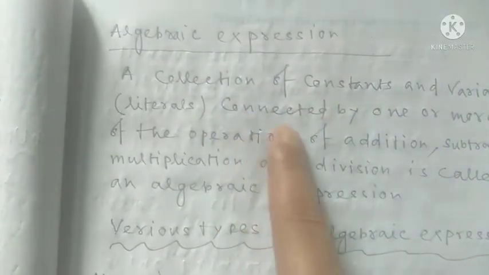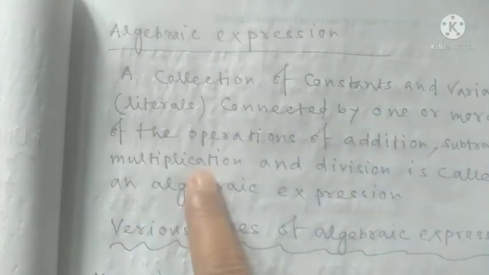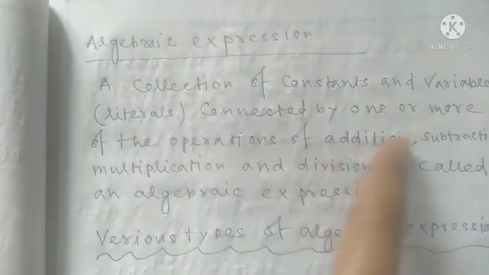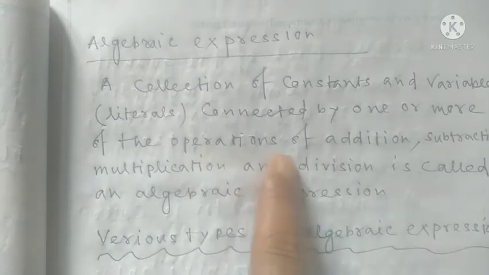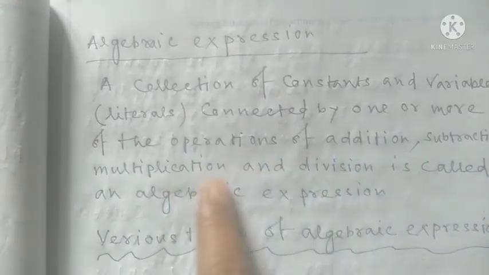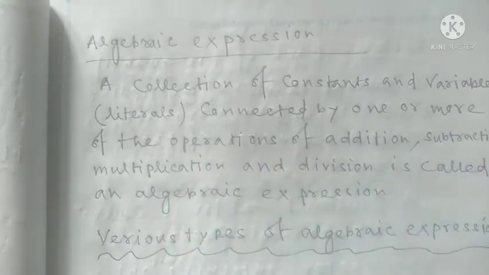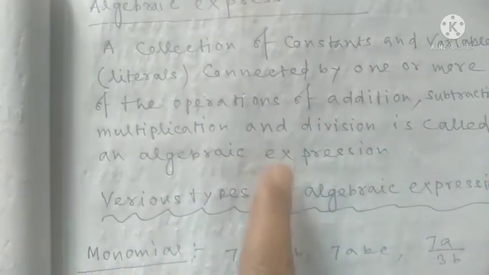So the next point: an algebraic expression is a collection of constants and variables connected by one or more of the operations of addition, subtraction, multiplication and division. Algebraic expression is a very important topic in this chapter.